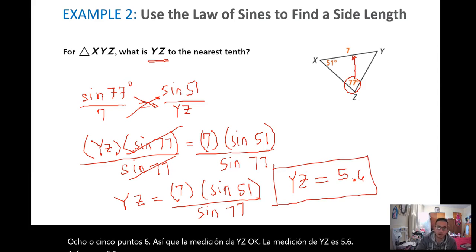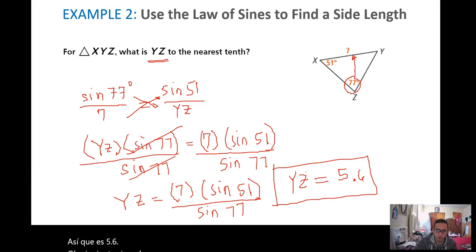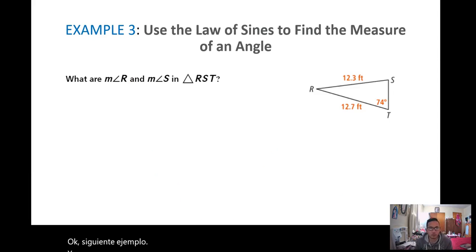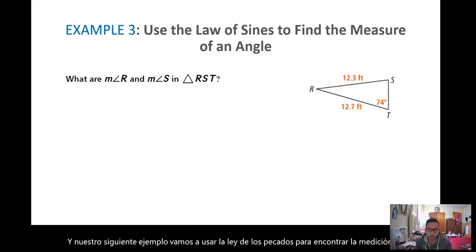Okay, next example. In our next example, we are going to use the law of sines to find the measurement of an angle. So we are looking at a missing angle here.